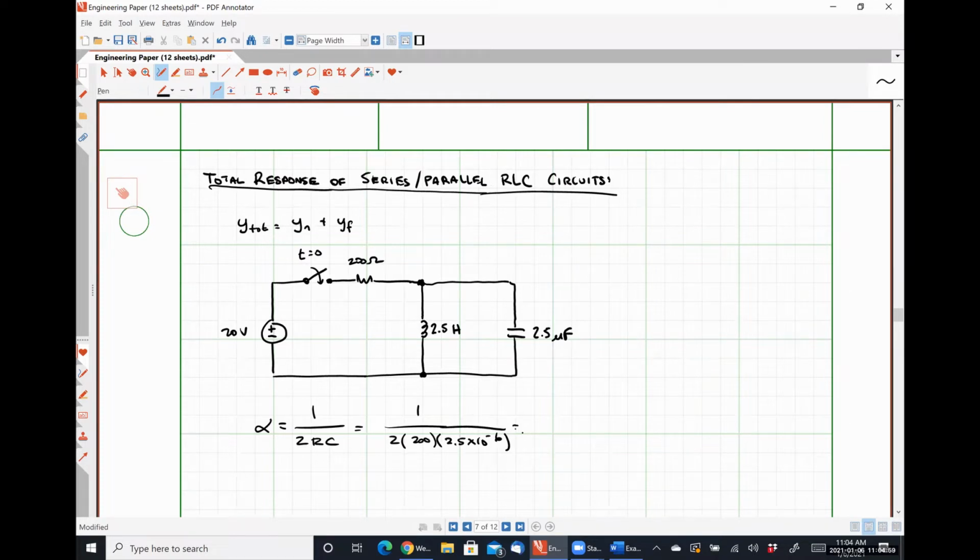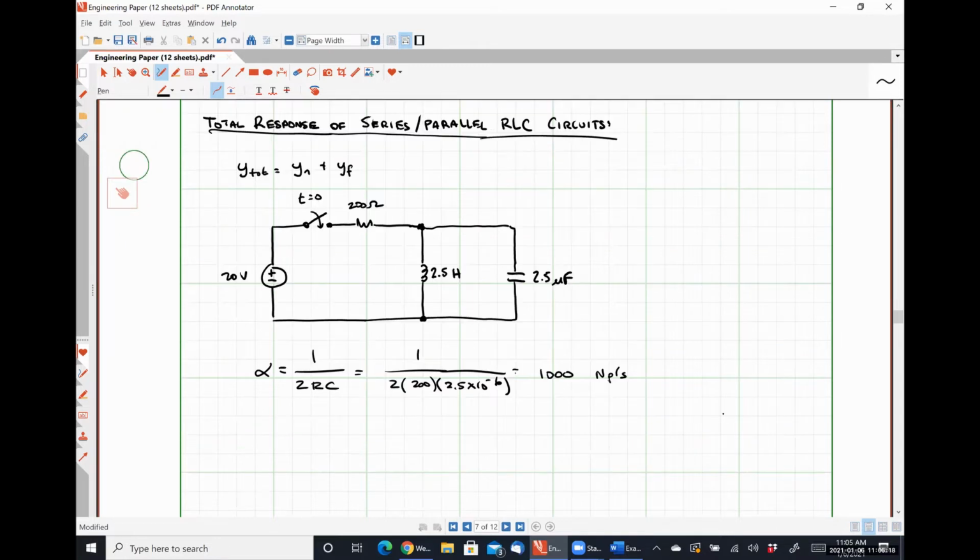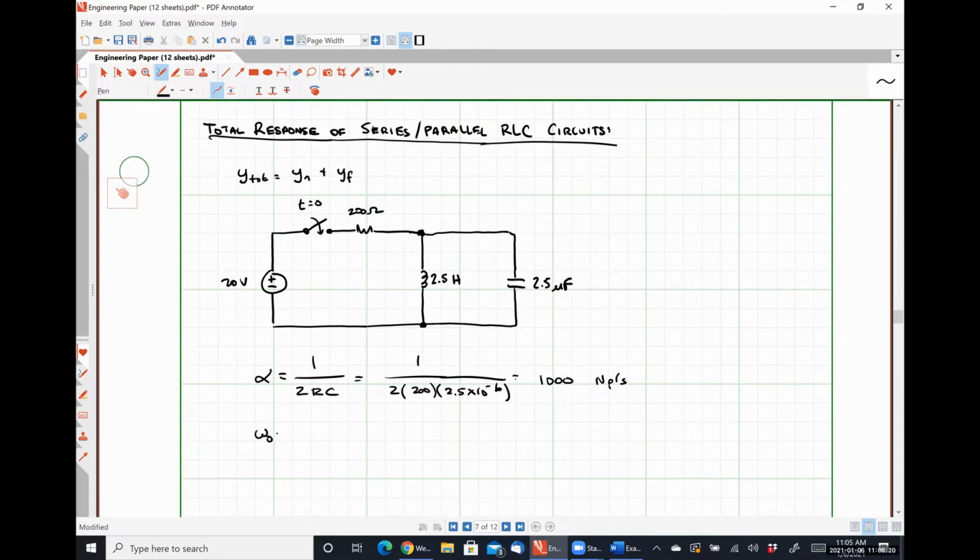Figure out what that's going to be. 1,000 nepers per second. Omega naught is 1 over the square root of LC.